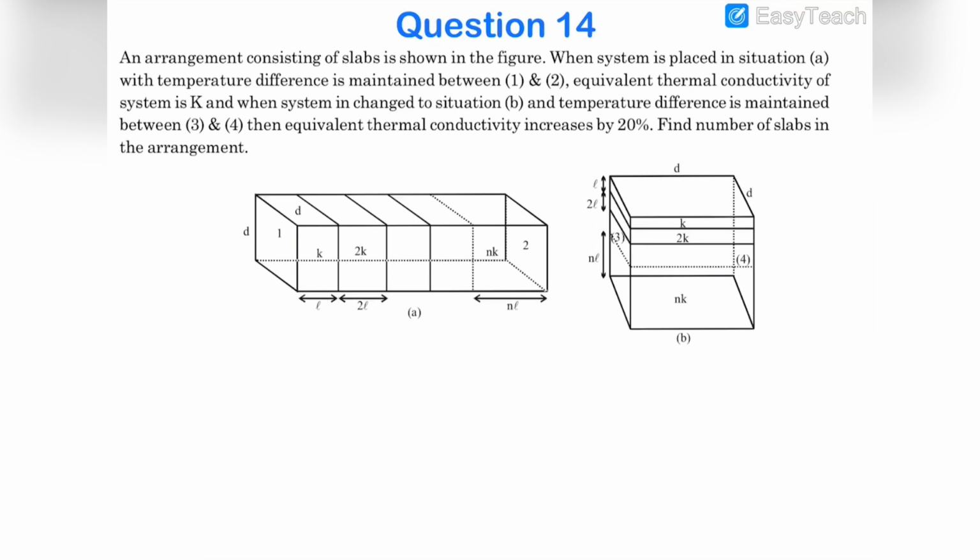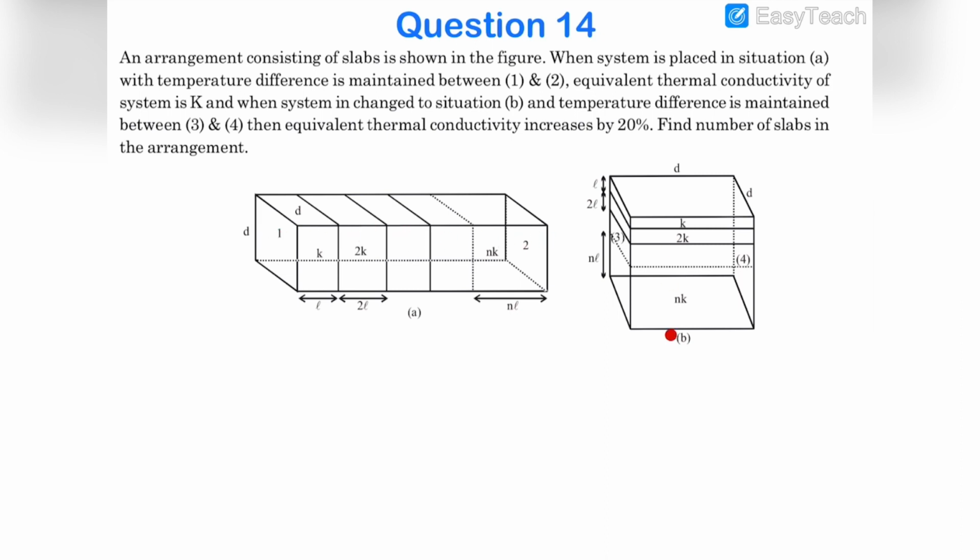In this question, you can see that there are two arrangements of the blocks of different thermal conductivity, and when they are connected in situation A, the temperature difference is maintained between this end and this end. So you can see that heat would be flowing like that, and they would be in series like that.